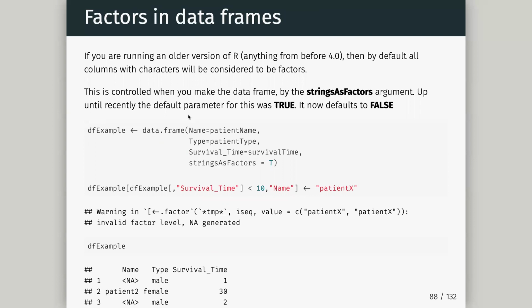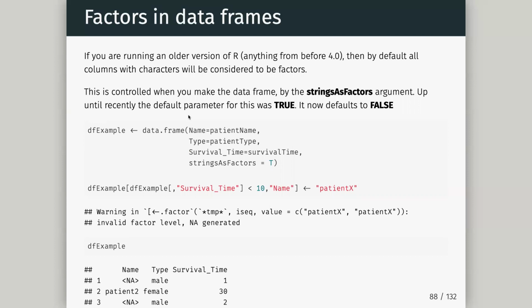So when you create a data frame now, this used to be default true. You have this additional parameter, strings as factors. I think by default that's now false. But if you set that to true, now anytime we try and replace anything within columns which were strings, we're going to have this problem with factors.